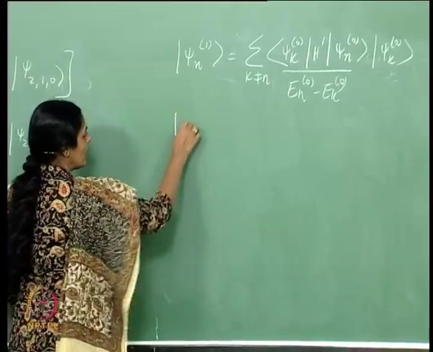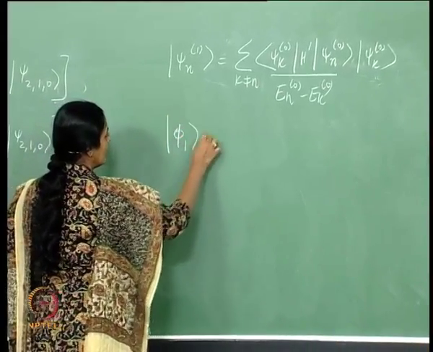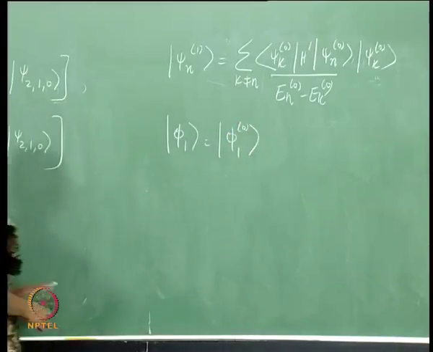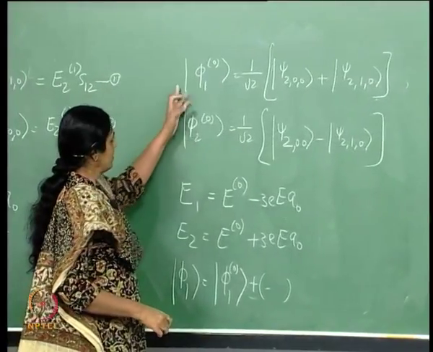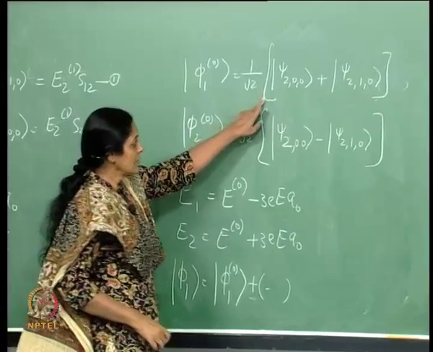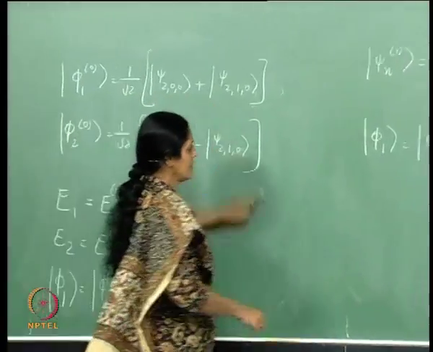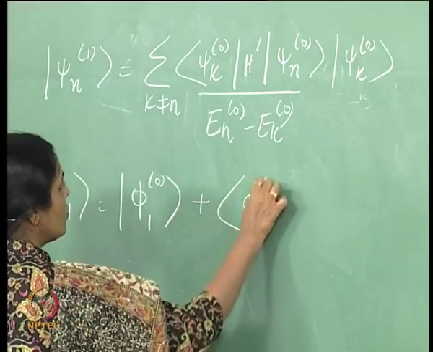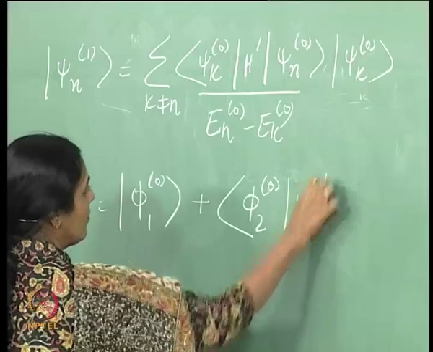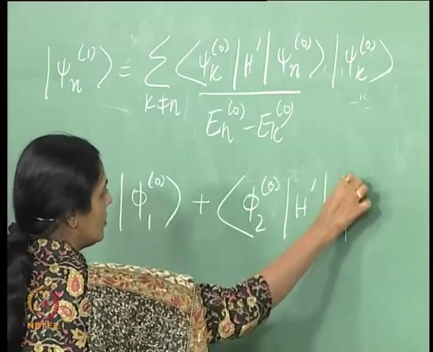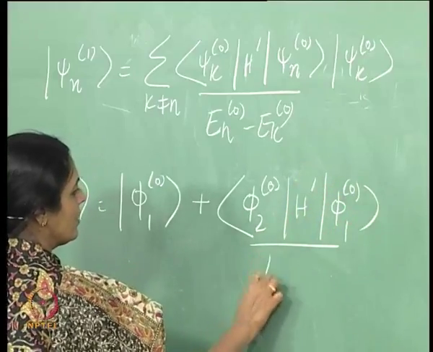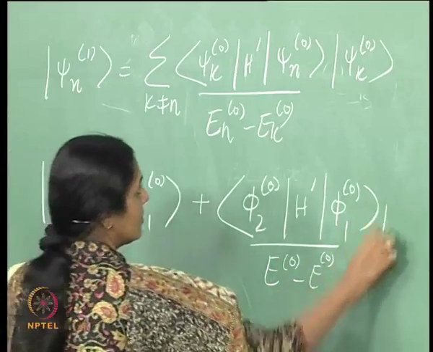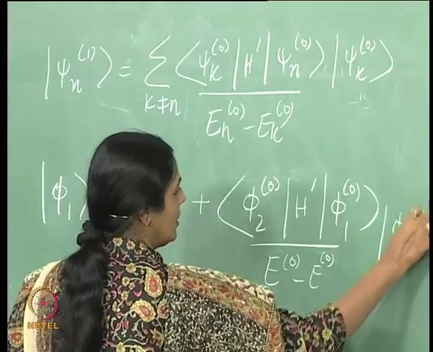And therefore, we now have phi 1 is phi 1 0, and we know what is phi 1 0. That was this superposition of the unperturbed states plus phi 2 0 H prime phi 1 0 by a denominator which was just E0 minus E0, times phi 2 0.